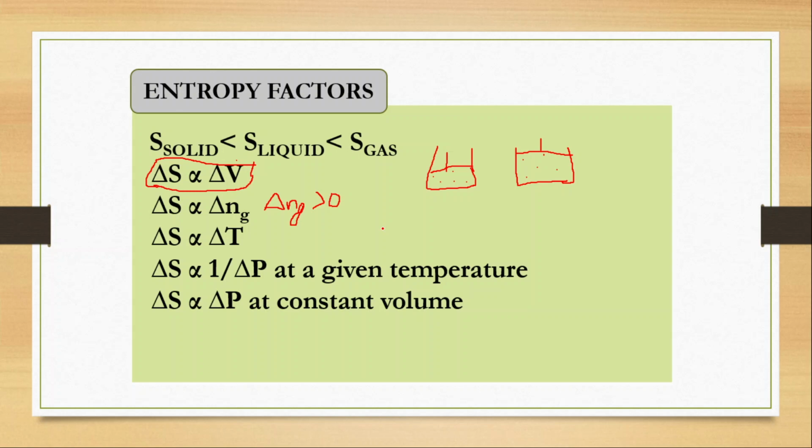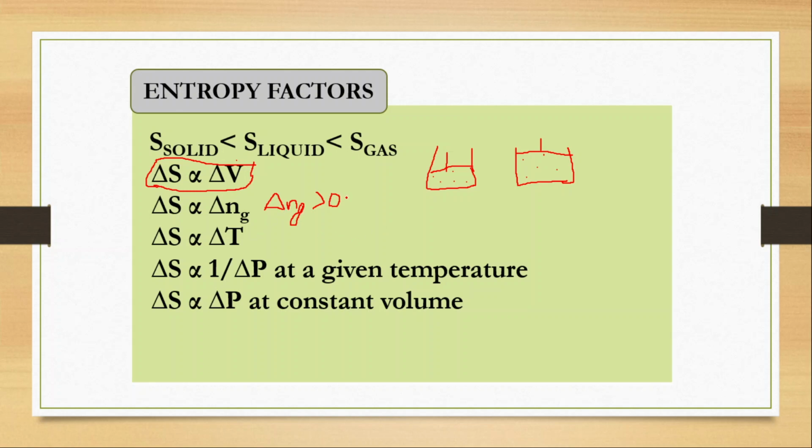If 20 students are there, double that number, we can change the places in more ways. So the randomness or the changes will be more if the particles are more. If the particles are less, the randomness or disorderliness is going to be less. So that's what we have written.